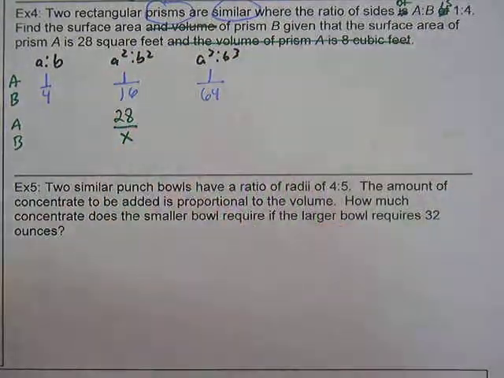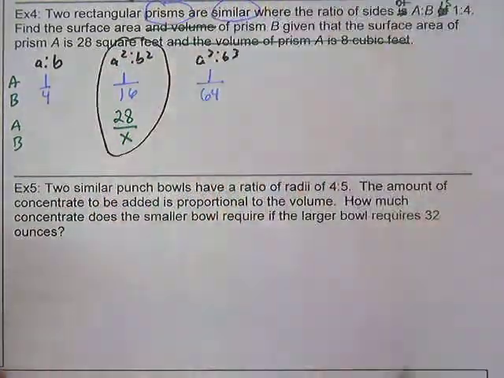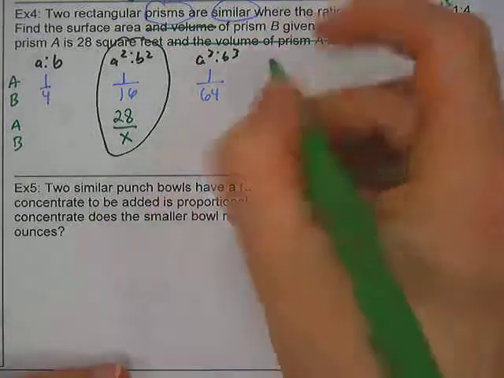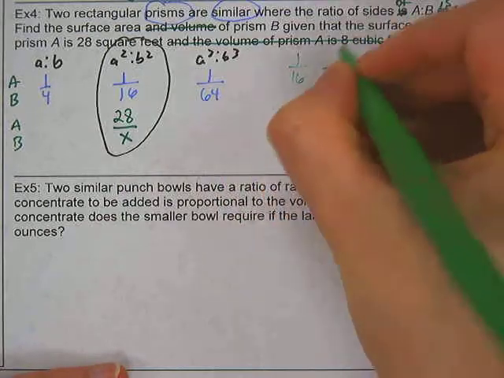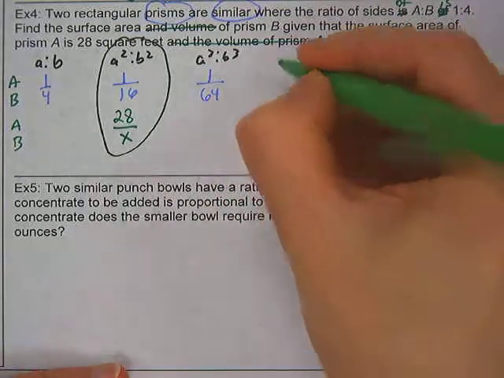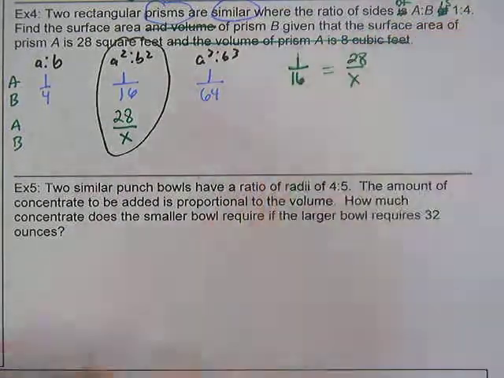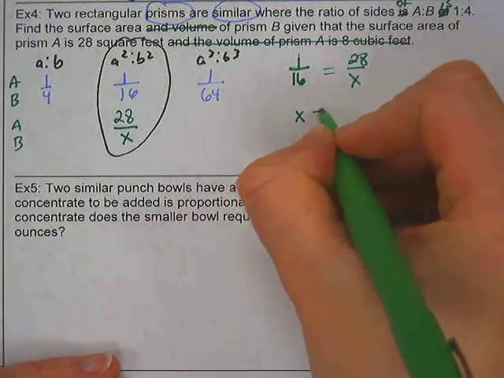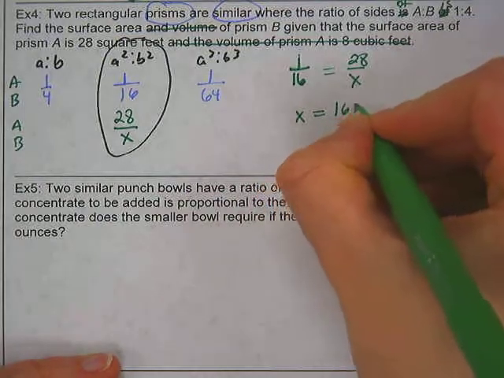It says find the surface area of prism B. That means that B is unknown, given that the surface area of prism A is 28. So you see how I have values in this column? This is what I'm going to do to solve for my missing surface area. So I'm going to have 1 to 16 is equal to 28 to x.